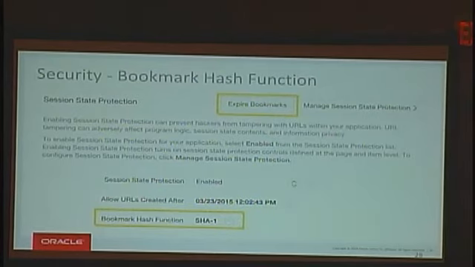For example, if you see MD5 there, you should think about clicking on this expire bookmarks. You probably get all the blame that all the bookmarks are not working anymore, but you should really try to have as secure systems as possible. So just have a look, and probably want to expire the bookmarks.